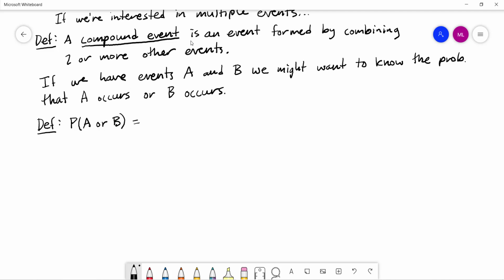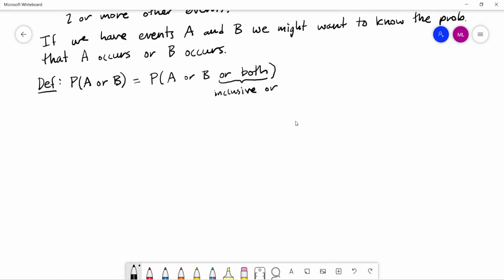So for us, when we say A or B, what we really mean is we're interested in the probability of A or B or both. And this or both is what makes it an inclusive or. So keep that in mind. When I say A or B, I mean the inclusive version of the word or.